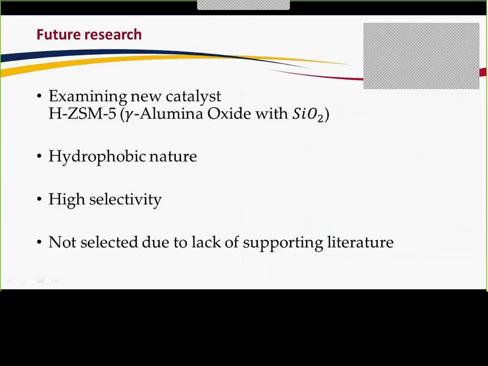So as Beth had previously mentioned, we had looked at the Amberlyst 35 catalyst as well as the gamma alumina oxide catalyst, which both had competitive inhibition properties with the product water. So we're looking at another type of catalyst called HZSM-5, which is actually a hydrophobic catalyst and will prevent the inhibitory effects of water on the methanol dehydration reaction.